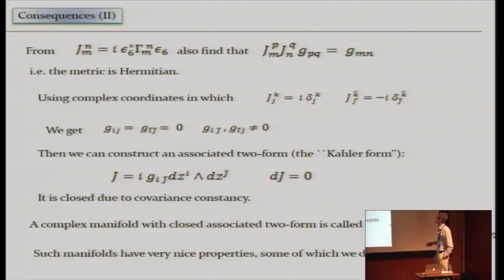So I can now put this tensor in the standard form, where it acts as plus i on holomorphic tangent vectors and minus i on anti-holomorphic tangent vectors. And if you now just plug this into this equation, you'll see that the ij components and the i bar j bar components of the metric just vanish. The only non-zero components are the i j bar component and the i bar j component.